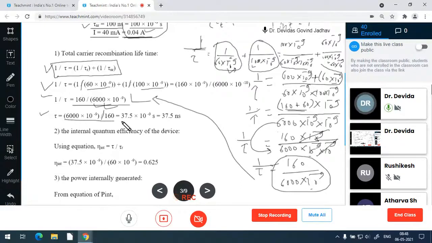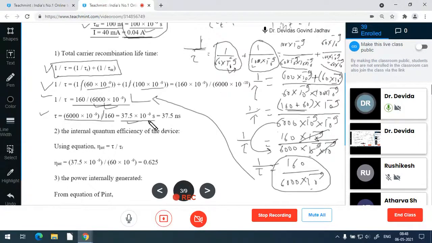After calculating with the calculator, we found this value: 6000 into 10 raised to minus 9 divided by 160 is 37.5 into 10 raised to minus 9 second. So lifetime is in seconds.